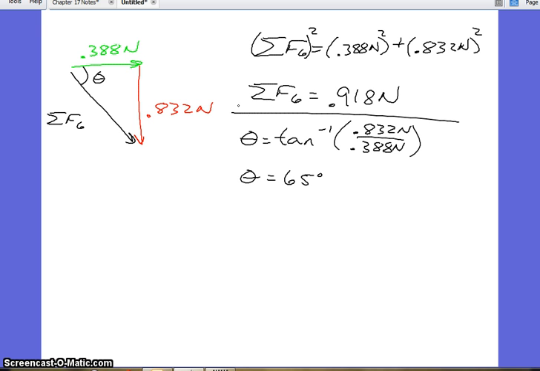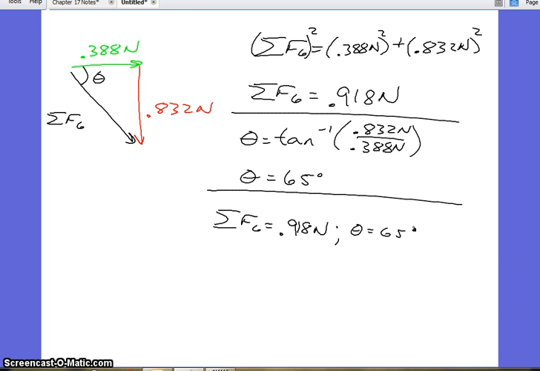So here's my total magnitude and my direction. So if I want to write it all in one spot, and my angle would be 65 degrees, and we must have this angle labeled within our picture. So we need to have that picture over on the side so we have it labeled properly.